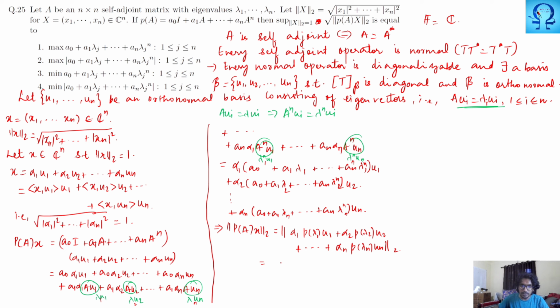Okay, if we just expand it, what are we going to have? We will have under root alpha 1 square, then what? P of lambda 1 whole square, and when you take norm of this u1, that becomes 1 since it is an orthonormal one, right? So we'll have till alpha n square absolute of p of lambda n square, right?